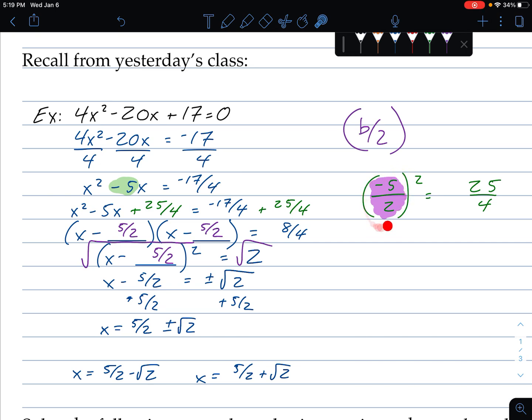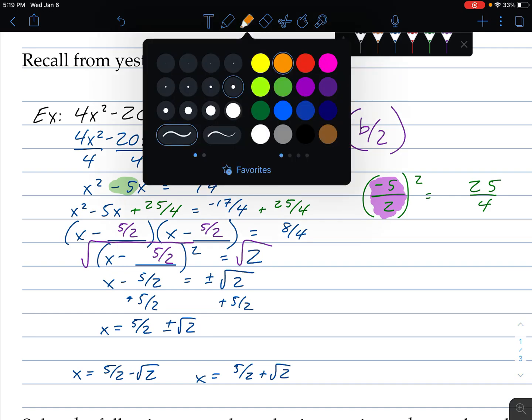What you had before you squared it is going to go right in here. Whatever minus that b over 2 as a binomial squared is always what that's going to factor to. When you complete the square, it's always going to be that number. So that's a nice little trick to help us do that, and that's important for what we're going to do next.